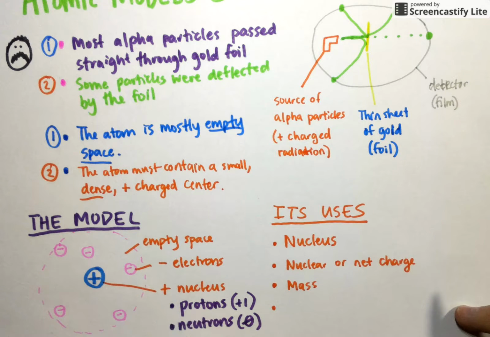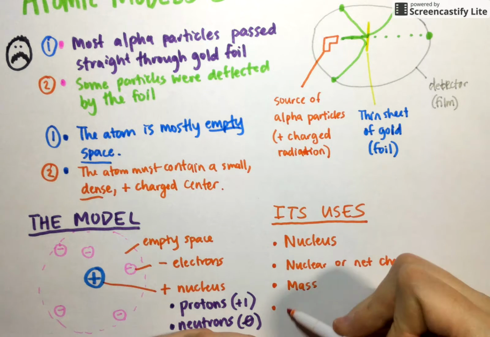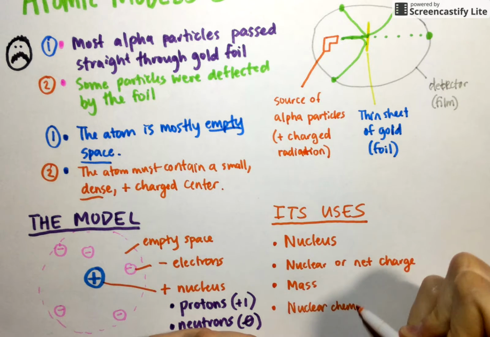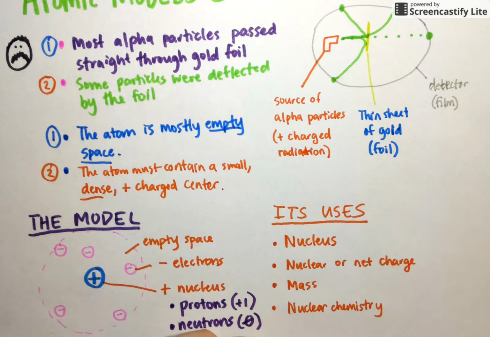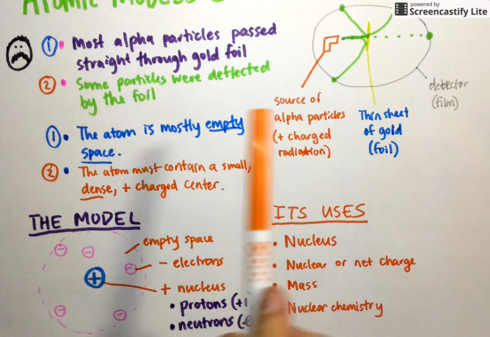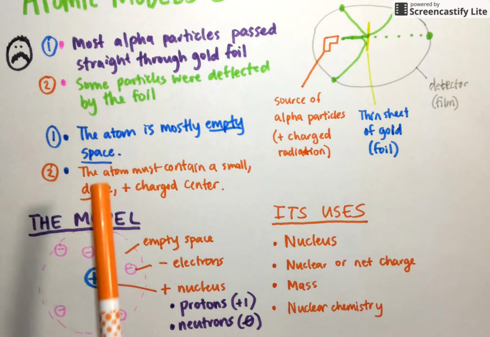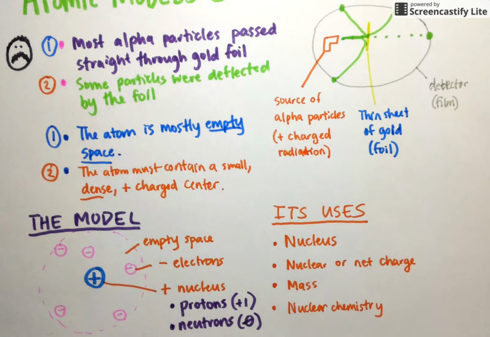And it must be positively charged, deflecting radiation that itself has a positive charge. Like charges repel, so when a positive sees a positive, it's going to want to move away. So he said the atom must contain a small, dense, positively charged center. And what we're going to find is that our name for that small, dense, positively charged center is the nucleus.